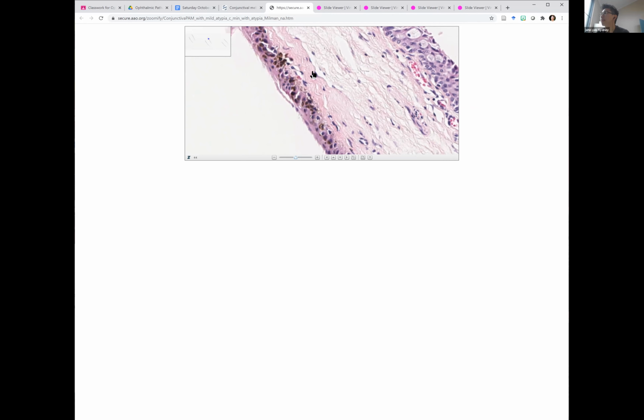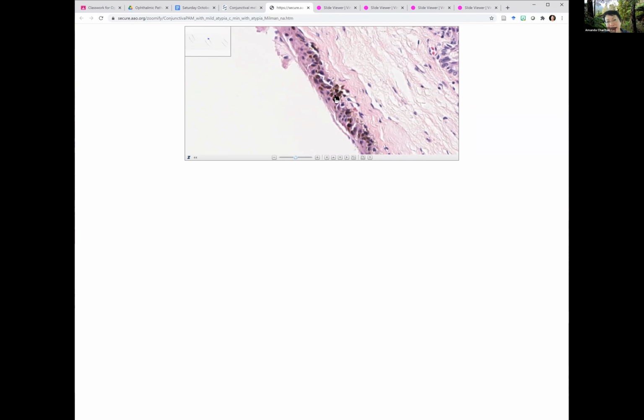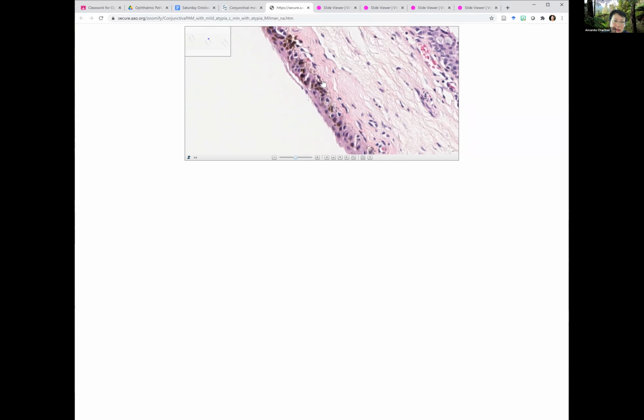So we've got radial spread, vertical. If these are all melanocytic cells, then they are spreading vertically up at least 50%. Maybe some of them are greater than 50% in height. In this particular area is what I'm looking at. And atypia.